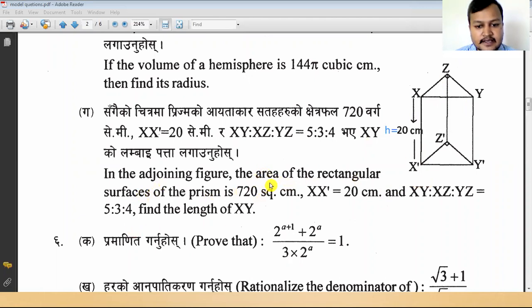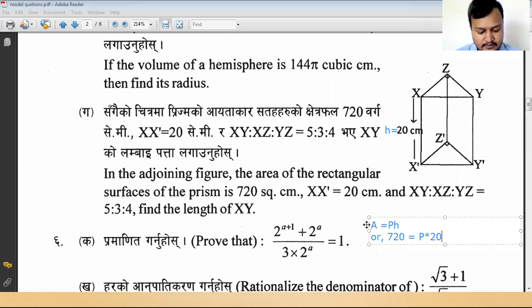And the given thing is area of rectangular surfaces. Area of rectangular surfaces is equal to perimeter into height. That means area is given to us, 720 is equal to perimeter, which is not given, but height is given. Height is 20.